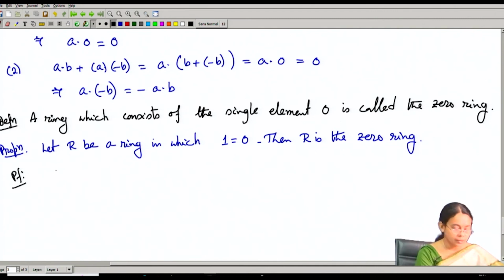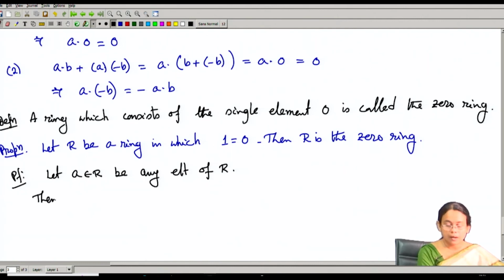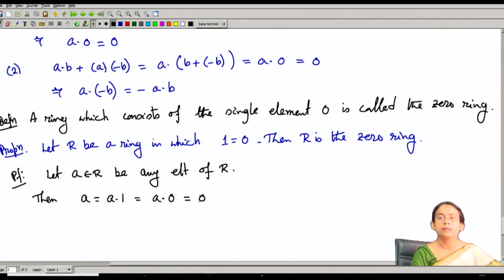So let a be any element of the ring R. Then I can write a as a dot 1, but 1 is equal to 0, so I can put a dot 0, but a dot 0 is equal to 0. So that element has to be equal to the 0 element.